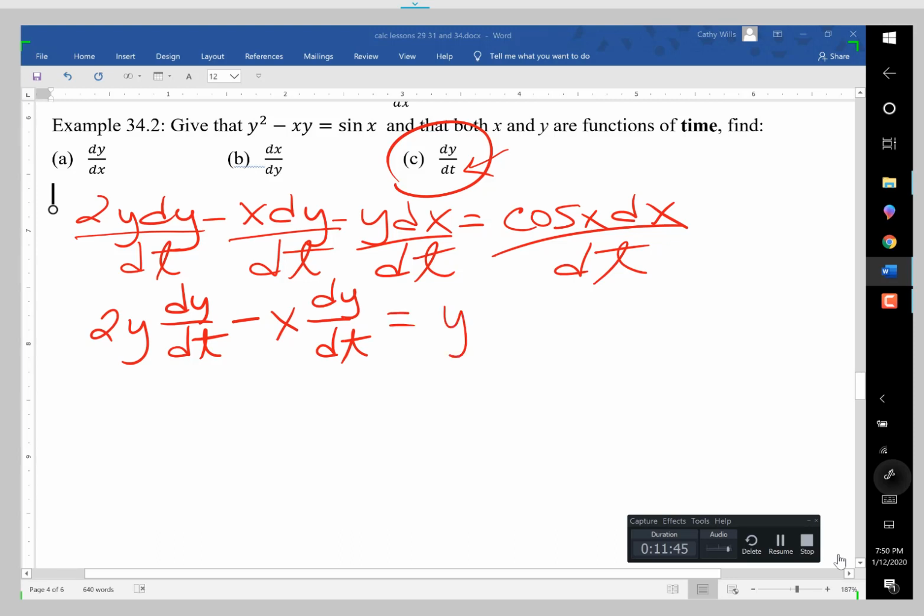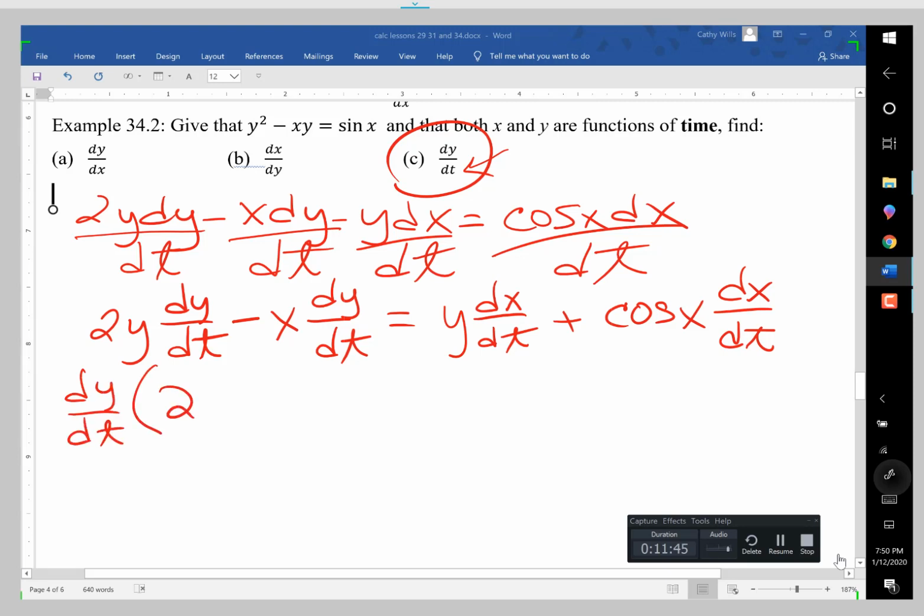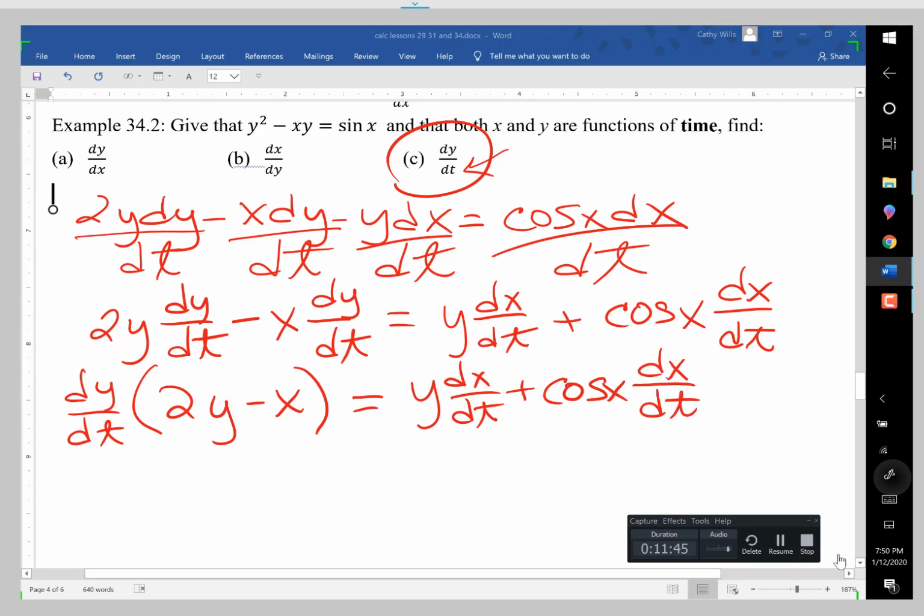So y dx/dt plus cosine x dx/dt. All right, now on the left side, I'll factor out the dy/dt, and then I will divide both sides by 2y minus x.